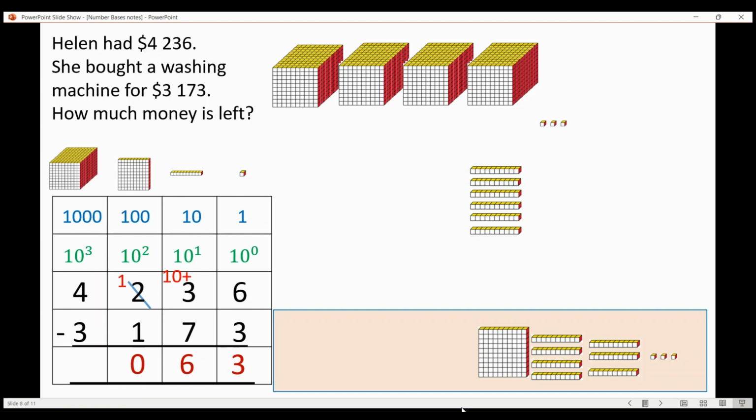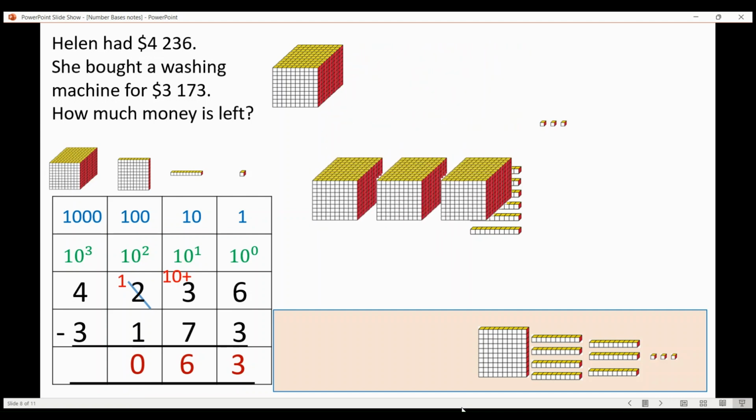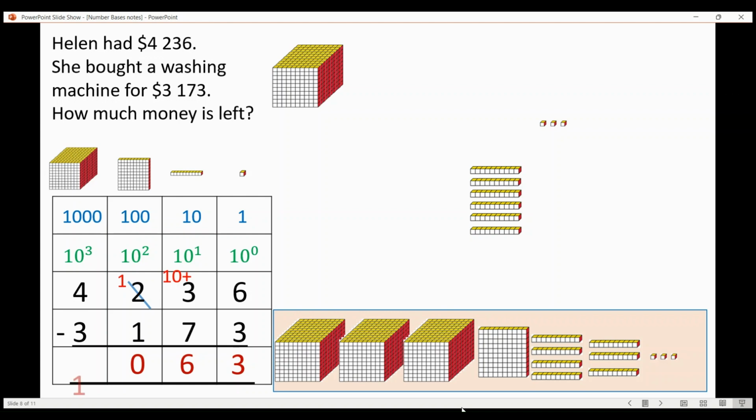Now the last part, let's deal with the thousands. With regards to thousands, we have 4 thousands, and we need to remove 3,000 to pay for the washing machine. So let's do that. So we're left with 1,000. As such, 4,236 minus 3,173 is 1,063.